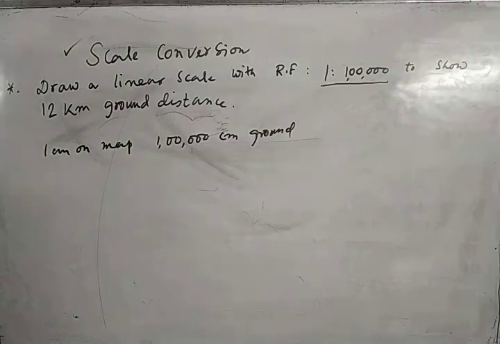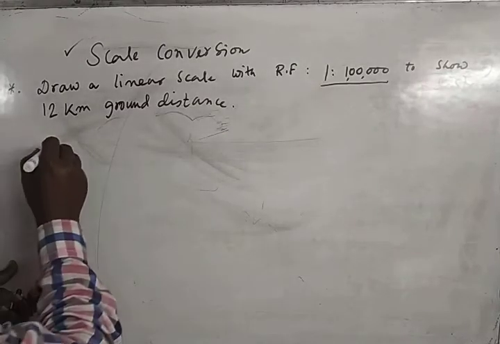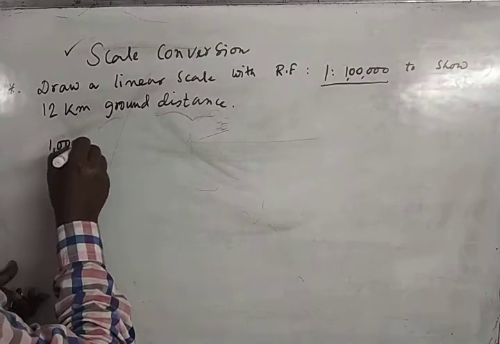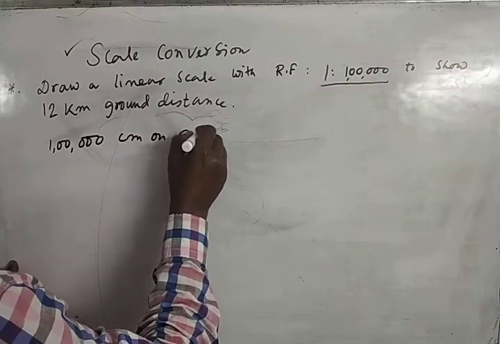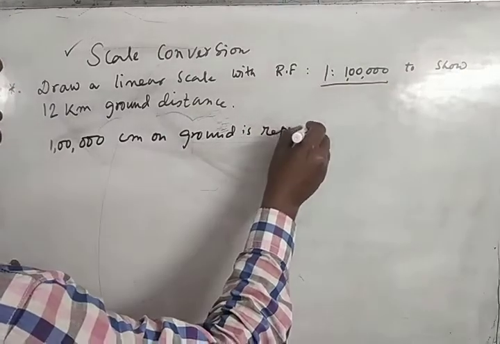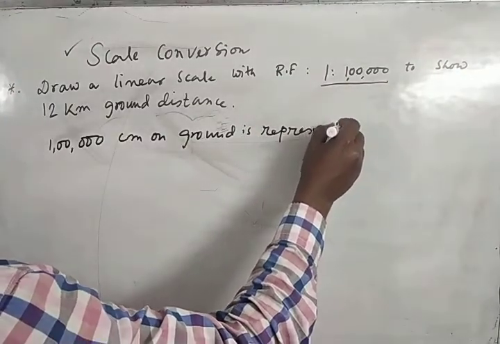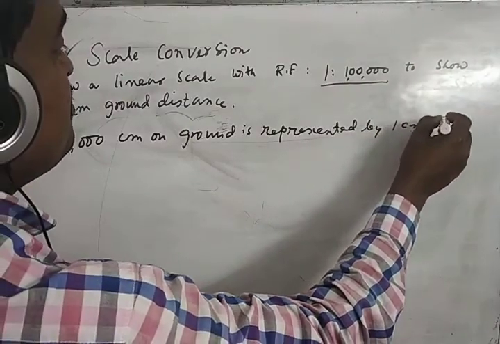Now, in that way, 1 lakh centimeter on ground is represented by 1 centimeter on map.